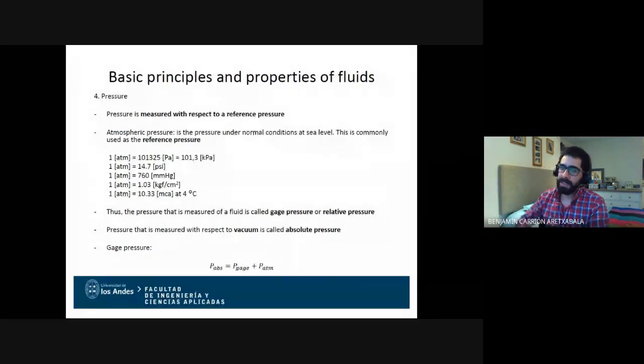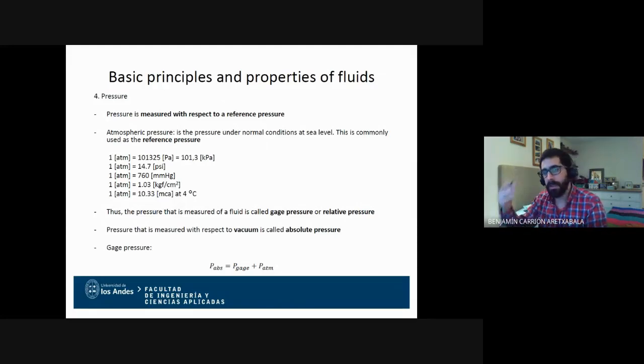So if you stack 10 meters of water, you reproduce the same amount of pressure that the whole atmosphere has on top of you. And as we're going to see throughout the course, we can express pressure in meters of water because we know how much water weighs.